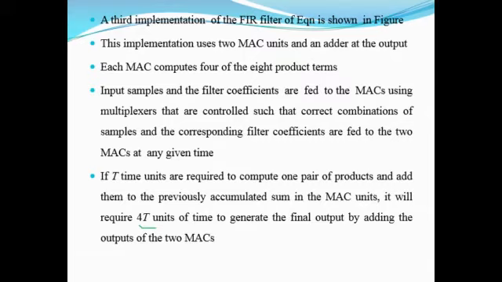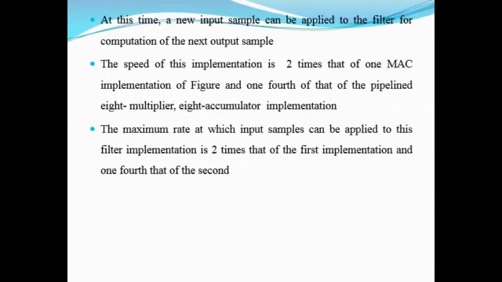Whenever I go with the simple implementation using 1 MAC unit, it uses 8 t units of time to produce the final output. But here it requires 4 t units to produce the output because of the usage of 2 MAC units. So the speed of this implementation is 2 times that of the 1 MAC implementation.